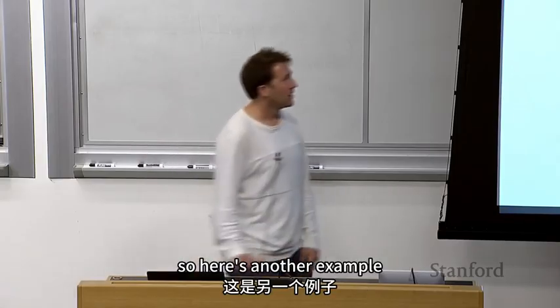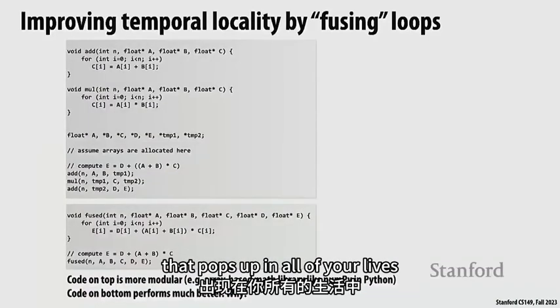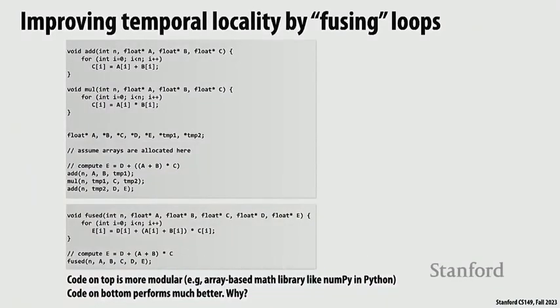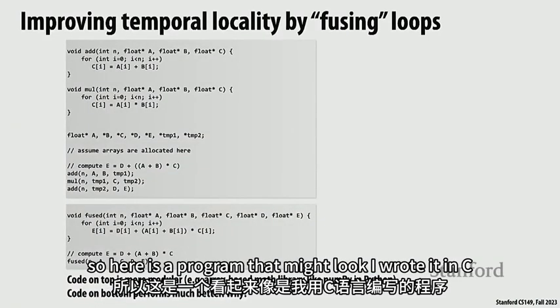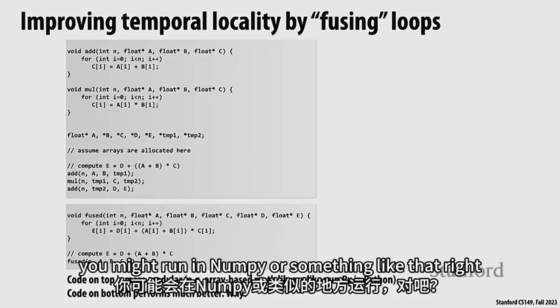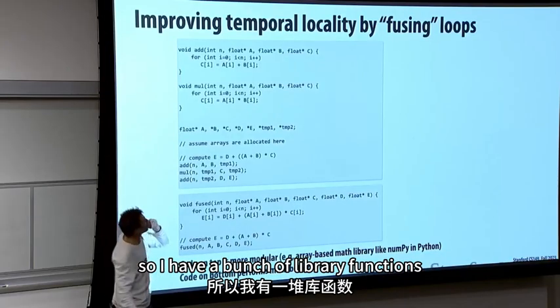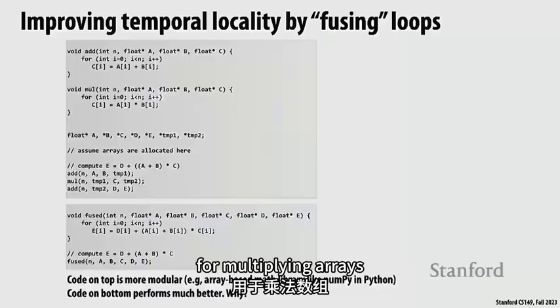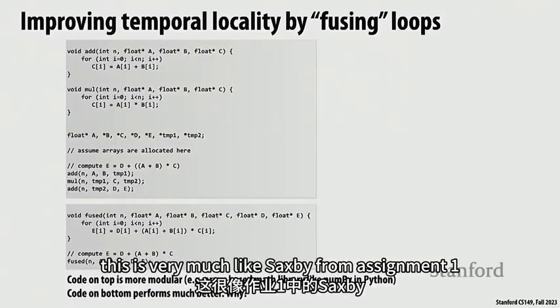So here's another example that pops up in all of your lives very often. Here is a program that I wrote in C, but it looks a lot like code you might run in NumPy or something like that. I have a bunch of library functions for multiplying arrays or adding arrays. This is very much like Saxpy from assignment 1.